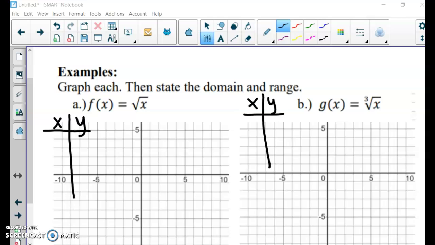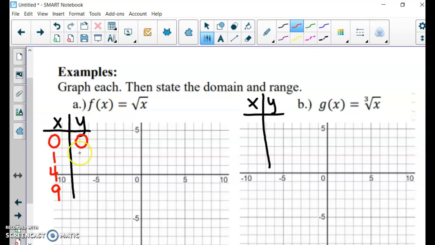Okay, now let's take a look at the graphs of radical functions. On the left here, the square root of x. The smallest thing that x can be is 0. The square root of 0 is 0. And now, instead of just picking numbers 1, 2, and 3, let's pick perfect square numbers. So 1, 4, and 9.